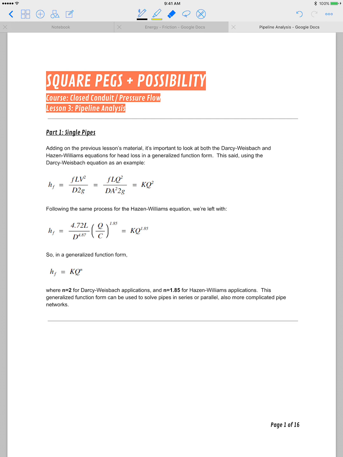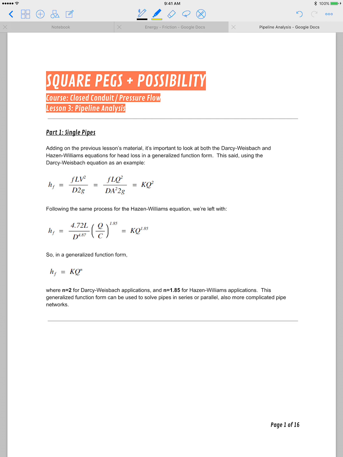We did that in an example problem, and we had some numbers there, so we were able to turn these variables into real numbers. But yes, we can change this into a function of flow as opposed to a function of velocity.